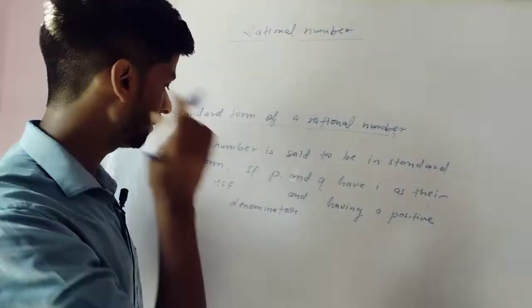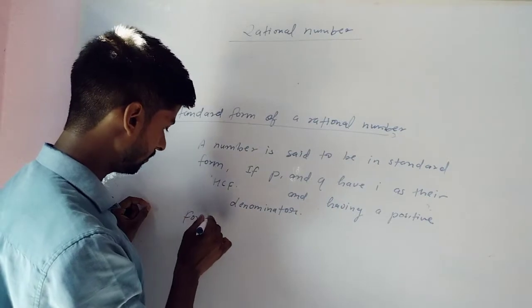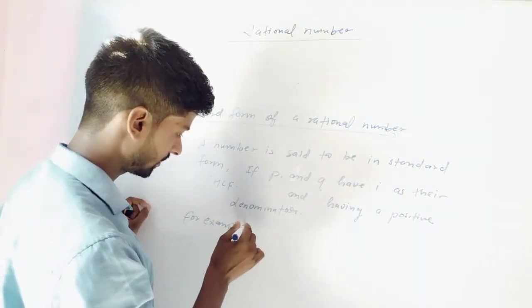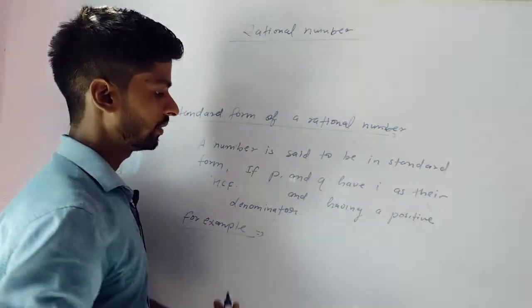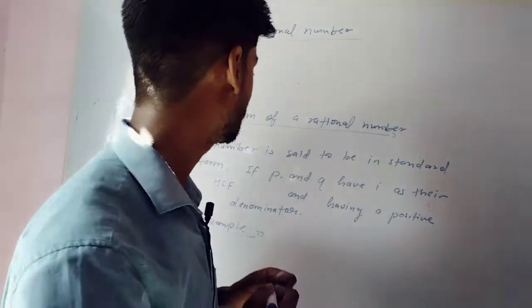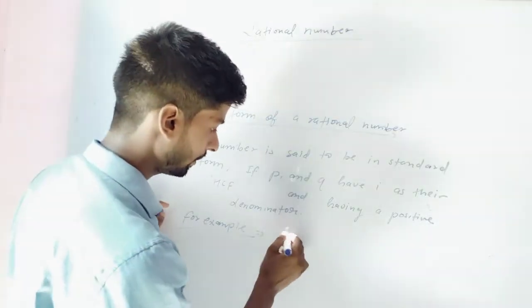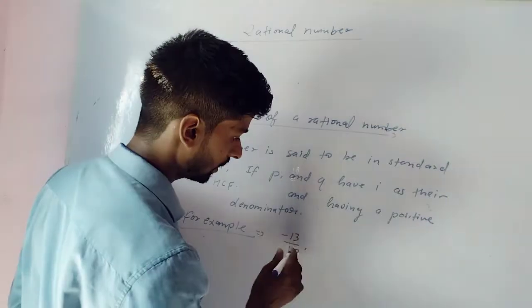For example, we can consider that the HCF should be 1, so we can write -13/17 and -13/21.